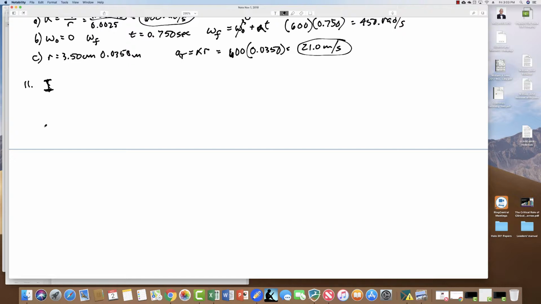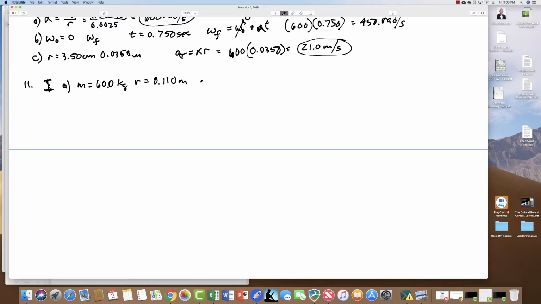Calculate the moment of inertia of a skater given the following information. So the first situation, now we're supposed to assume that this skater is a cylinder that has a mass of 60 kilograms and a radius of 0.11 meters. So this is when she has her arms next to her side.